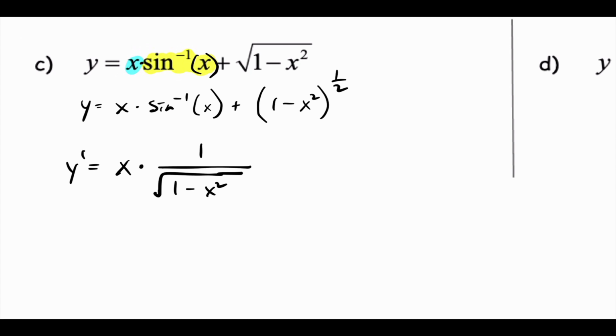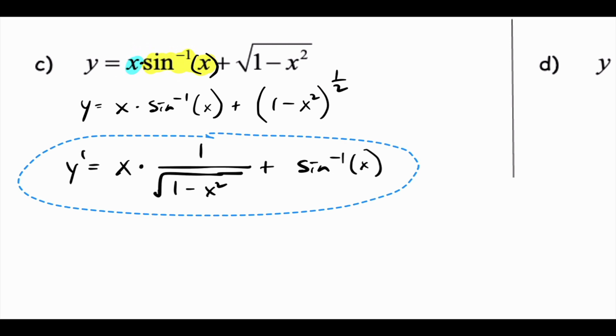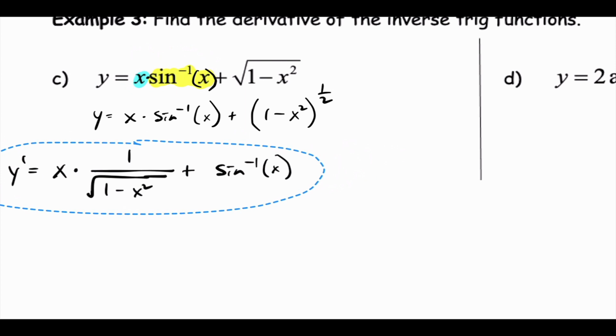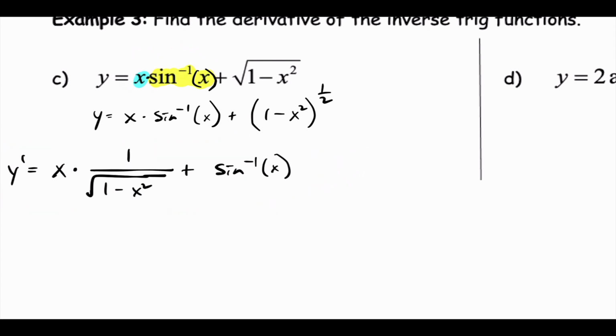Okay. Plus the derivative of the first, which is just 1, times the second. So this is the derivative of this guy here. Now I have to find just the derivative of that part there.